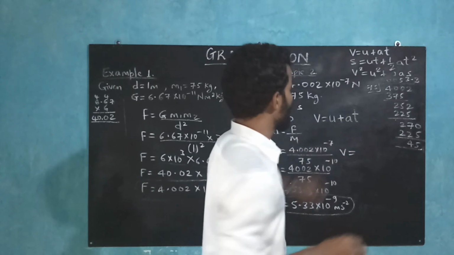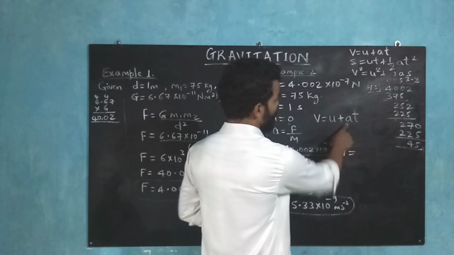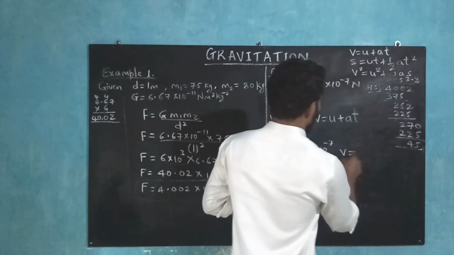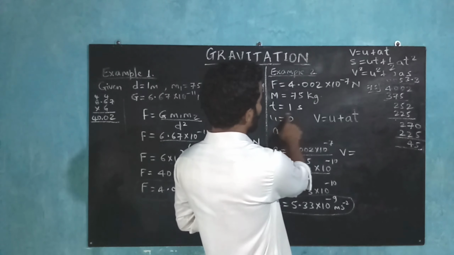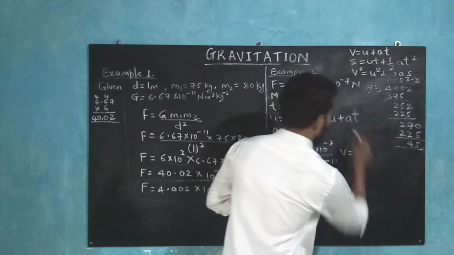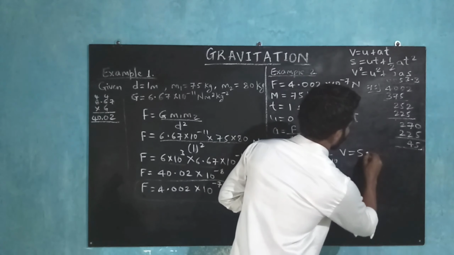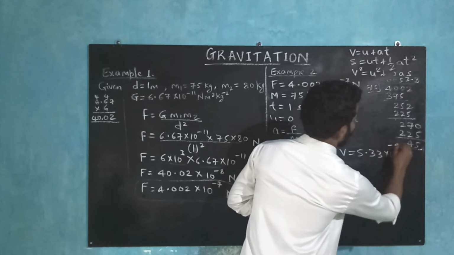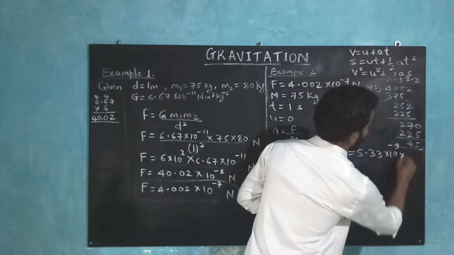So we directly substitute acceleration and time. We are asked to find it for 1 second, so acceleration is 5.33 into 10 raised to minus 9, times 1 second.